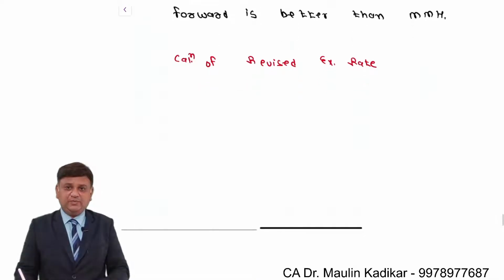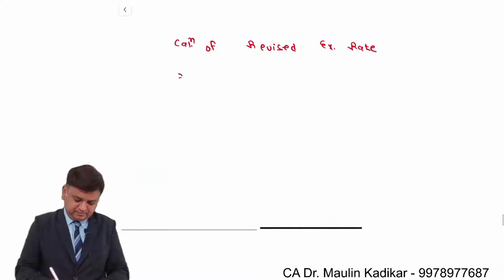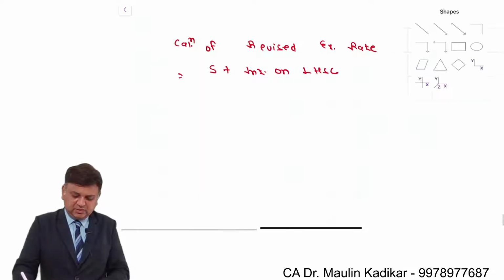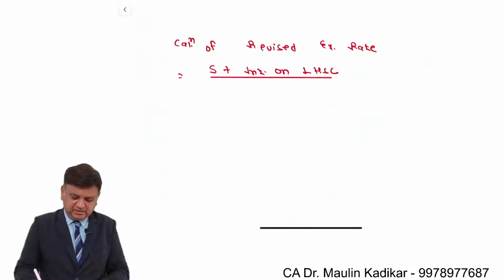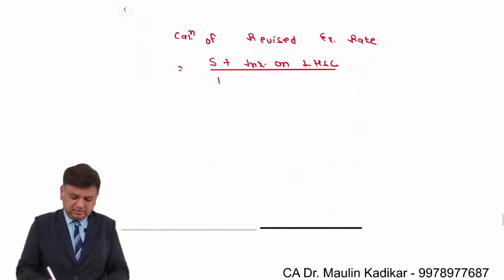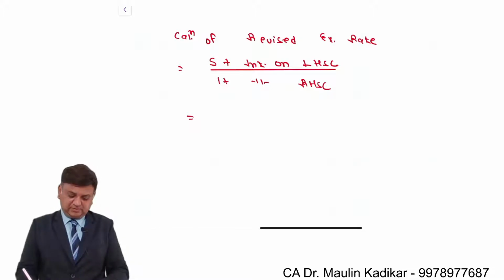Dear students, the formula is going to remain same. Spot plus interest on left hand side currency or price currency divided by 1 plus interest on right hand side currency, that is the base currency.